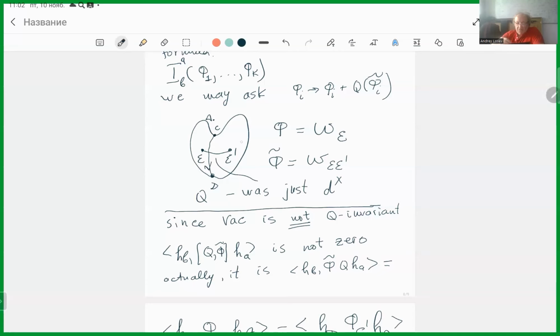However, when E and E prime are in the opposite halves, there is a trajectory C to D that crosses this interval, and it leads to the change of the result. So what I showed you right now was just an illustration of how things work in Morse theory.